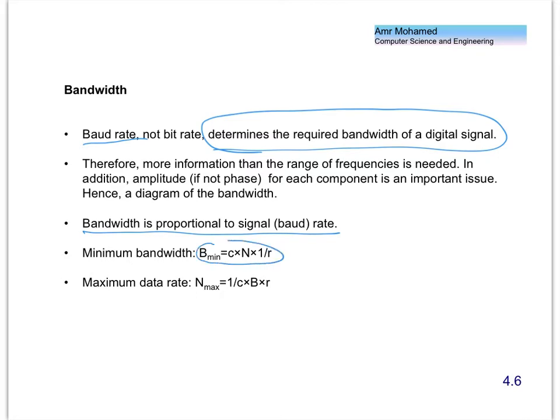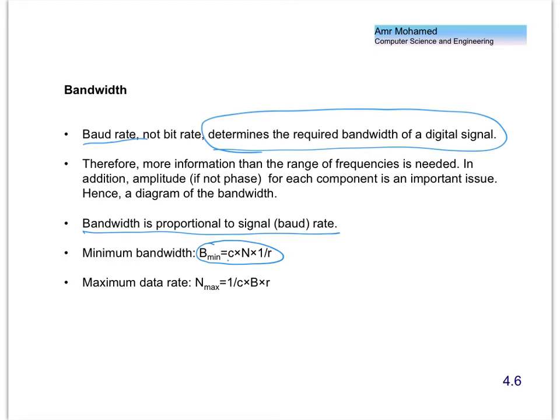Which means that the minimum bandwidth required is actually the case factor multiplied by N multiplied by 1 over r. 1 over r, as I said, is the rate of signal elements divided by data elements. So the more signal elements I use to represent the same data elements, the higher the bandwidth required.